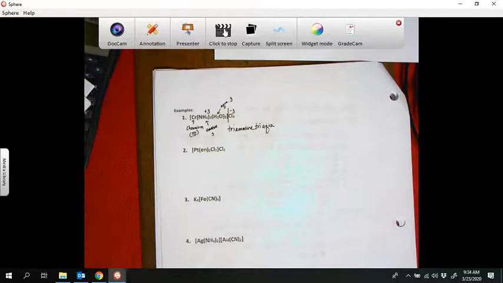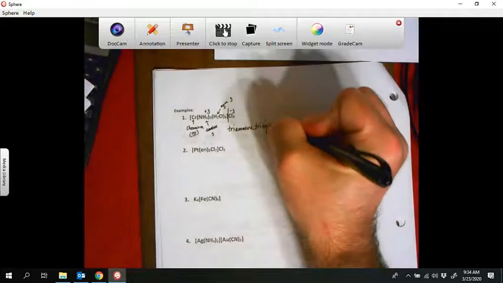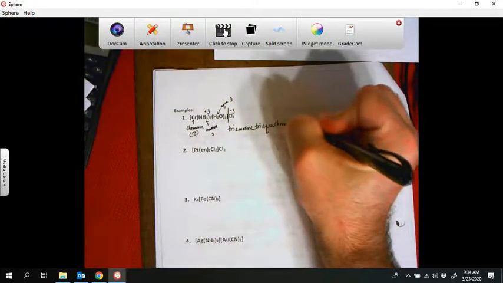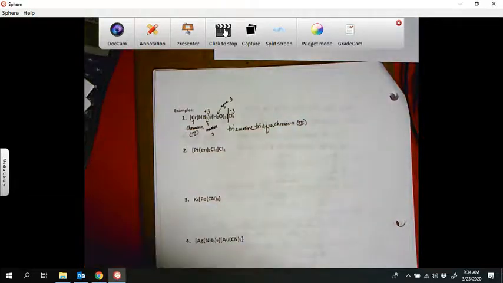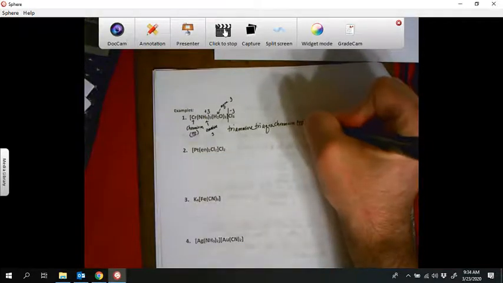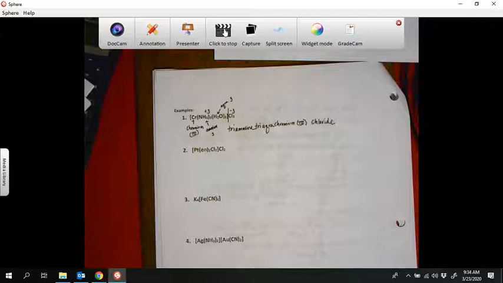And then we name the metal ion, chromium 3. And then we name the anion. Since it's chlorine, it's standard nomenclature. We leave a space and write chloride. So triamine triaqua chromium 3 chloride is the name of this compound.